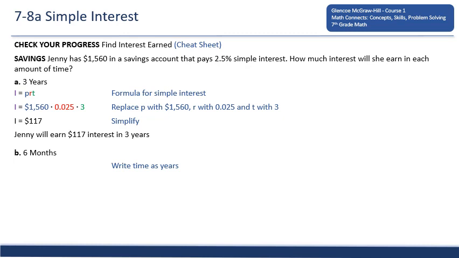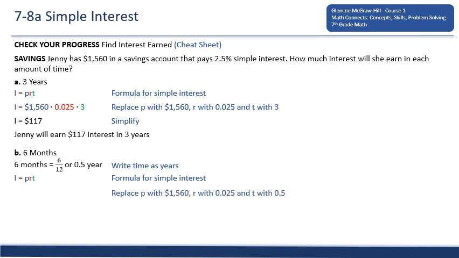6 months. Right, time is in years, so we'll convert 6 months to 6 over 12, or 0.5 years. In the formula for simple interest, interest equals principal times rate times time. Replace principal with 1,560, rate with 0.025, and time with 0.5.